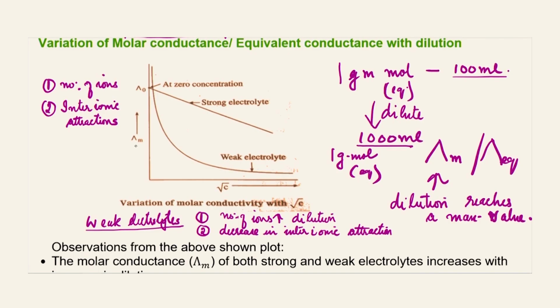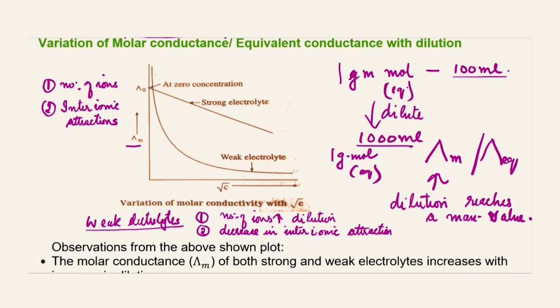This is a plot of conductance. It can be considered as either molar conductance or equivalent conductance, both vary in a similar way. Here it is the molar conductance. For a weak electrolyte, at the beginning you can see the value of conductance is very low. It keeps on increasing, and after a certain period there is an abrupt increase and it goes almost parallel to the molar conductance axis.